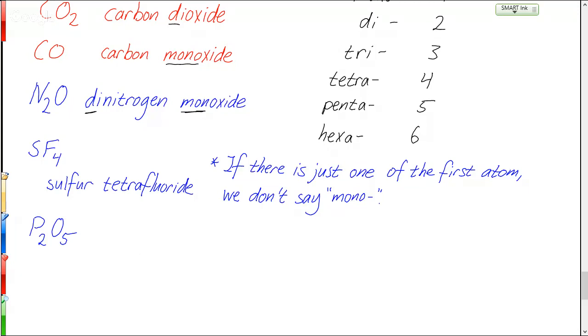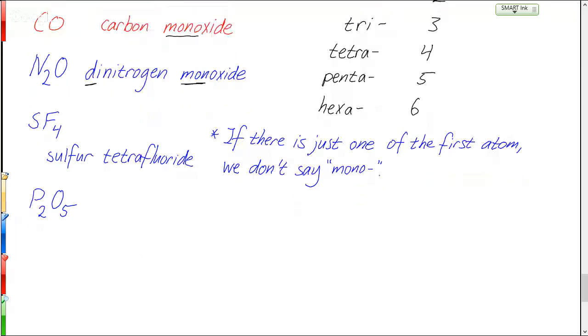Yeah, diphosphorus pentoxide. Or if you said pentaoxide, that's okay too. With an O. Are there any other ones that start with vowels? I'm trying to think. Iodine still is the same. You don't drop anything with that one. I think it's just with oxygen.